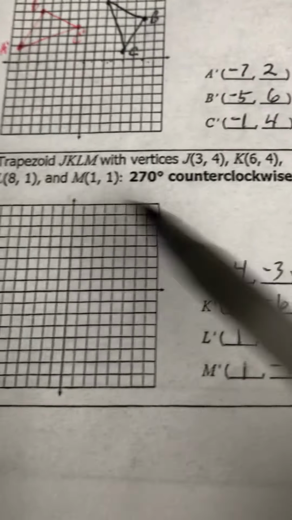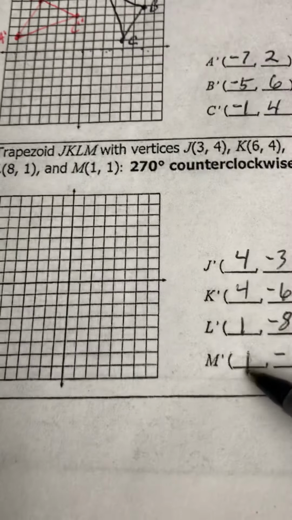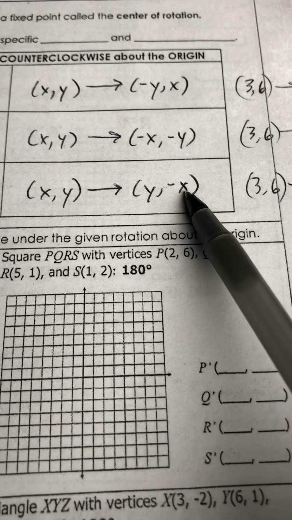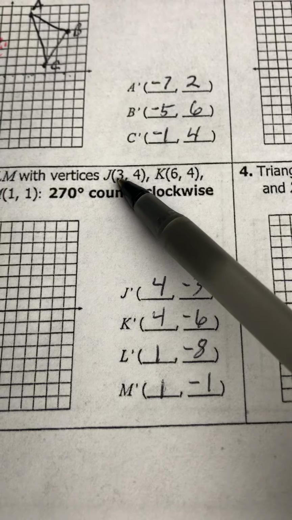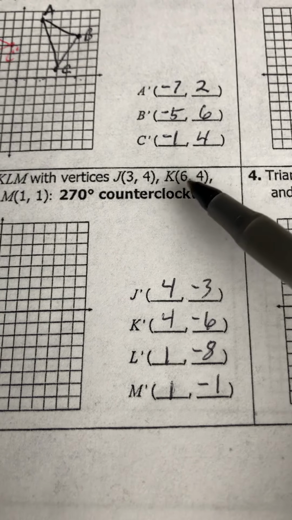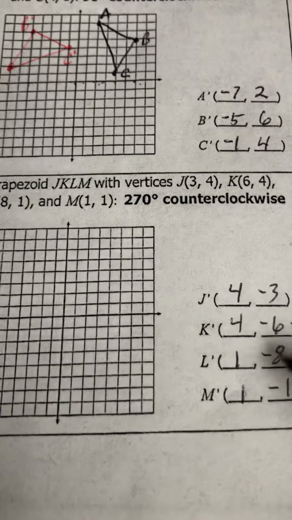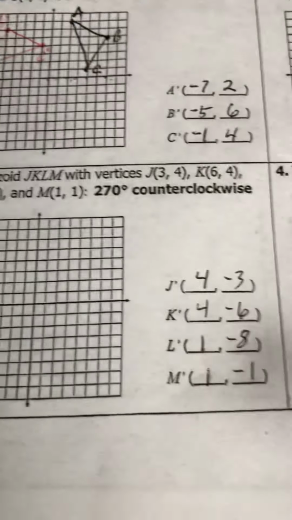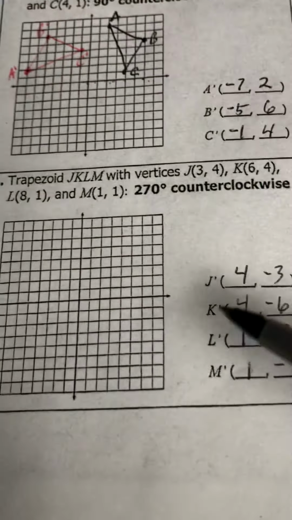This y becomes my new x. This y becomes my new x. This y becomes my new x. And then for your y you take what your x was and make it negative. So my x was 3, make it a negative. My x was 6, make it a negative. My x was 8, make it a negative. My x was 1, make it a negative. So just follow the rules and then go ahead and plot those points.